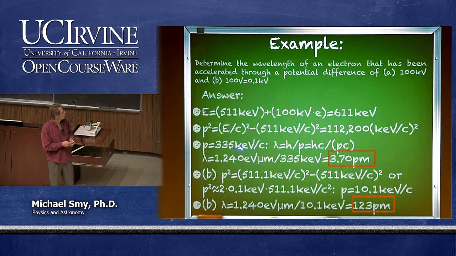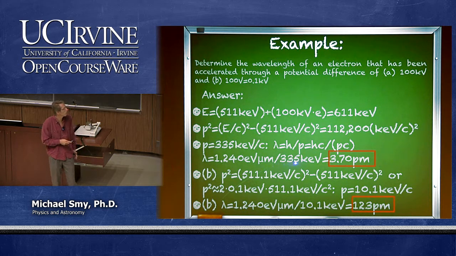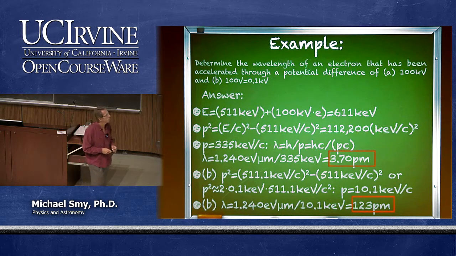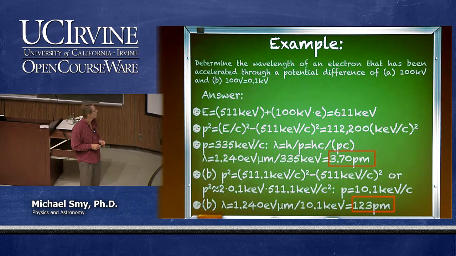In other words, I can divide 1.240 electron volt micrometers by 335 keV, and I get 3.7 picometers. So this wavelength is small, but not so different from that of gamma rays, for example.